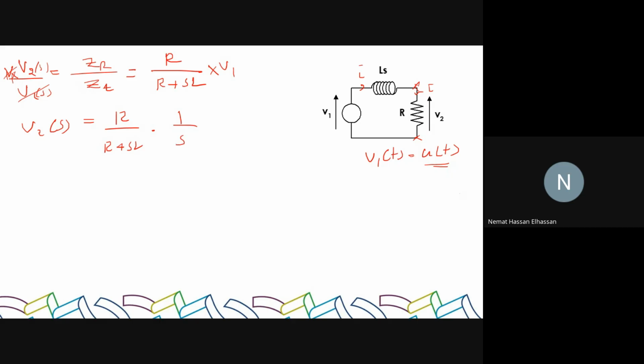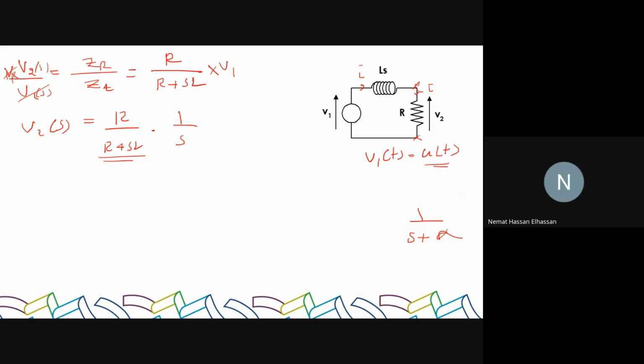Now, similarly, can I find V2 of t using partial fractions? Yeah? But first thing I need to remember is that I need this to be in the form of 1 over S plus a factor. Here we have S multiplied by L. I need to get rid of that L, so it can be S separate plus a factor, right?